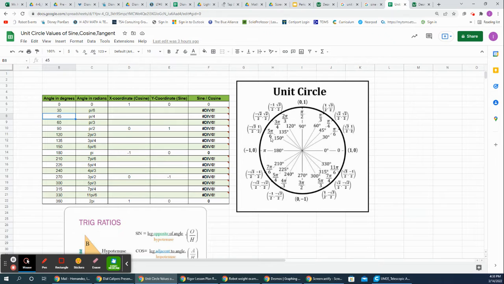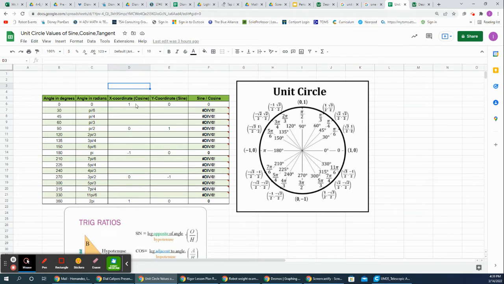So we're going all the way around till back to 360. Okay, in this column, same thing as our first column, but the angle is in radians. So 0, pi over 6, pi over 4, and again, all the way down, so we go around the circle to 2 pi.